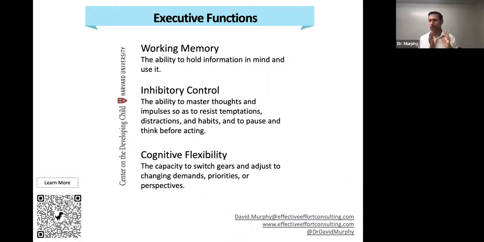I'm only talking about the cognitive processes, not the behavioral ones, the ones that are observable. I think you all know what those might be. Disorganization, right? Poor time management because you see them scattered. There are all these symptoms of executive dysfunction. I just want us to look at it from a working memory standpoint, which is significant.